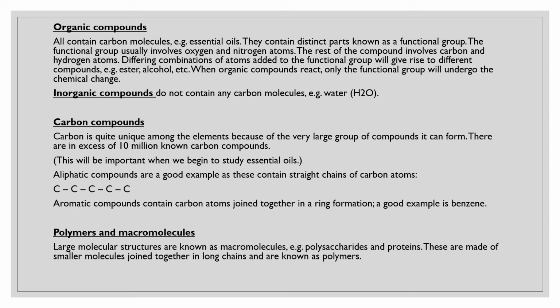Now, in terms of polymers and macromolecules, large molecular structures are known as macromolecules, for example, polysaccharides and proteins. These are made of smaller molecules joined together in long chains and are known as polymers.